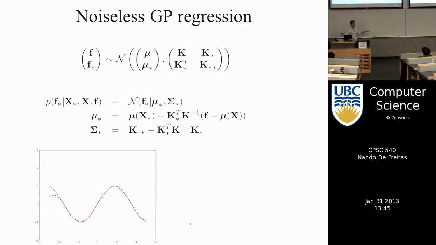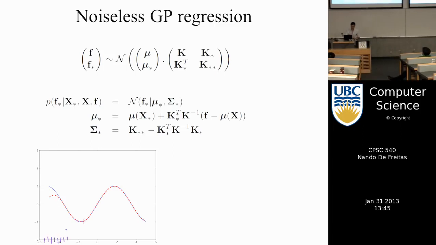And that's what I'm using to plot that. So for each point x star, I know the mean and I know the variance. I have about 50 points here, and this plot was generated with 50 points chosen finely along this grid.